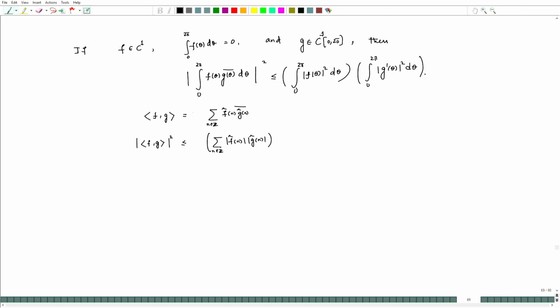Then, applying the Cauchy-Schwarz inequality in this sum, the factor of 1 by 2 is gone, and we get the sum over n in Z of mod of g hat of n squared.